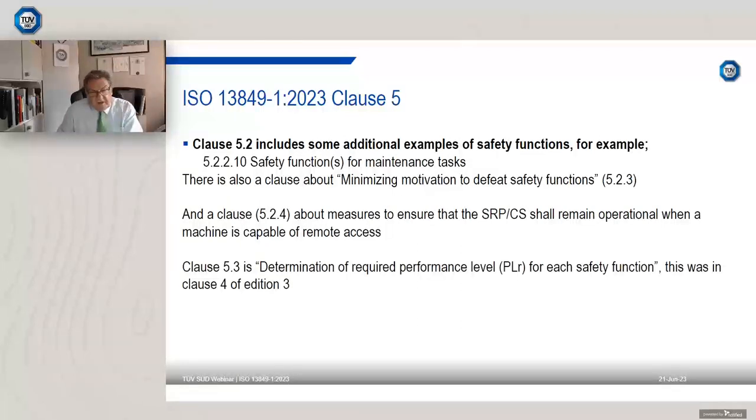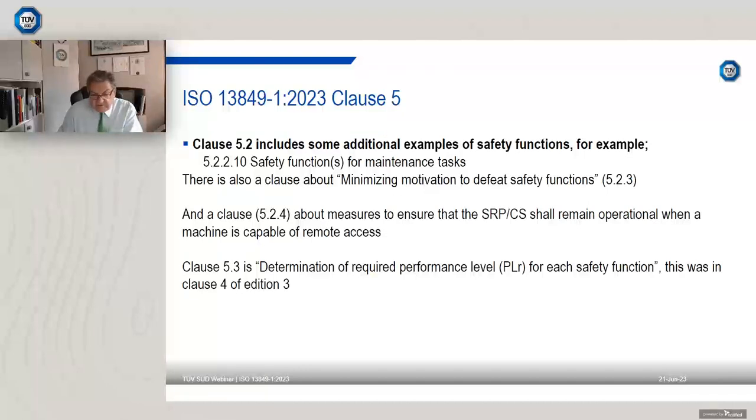And Clause 5 is determination of performance level required. That was in Clause 4 of Edition 3, so it's now in its rightful place in the specification clause. The guidance for that still points you to Annex A, the risk graph.